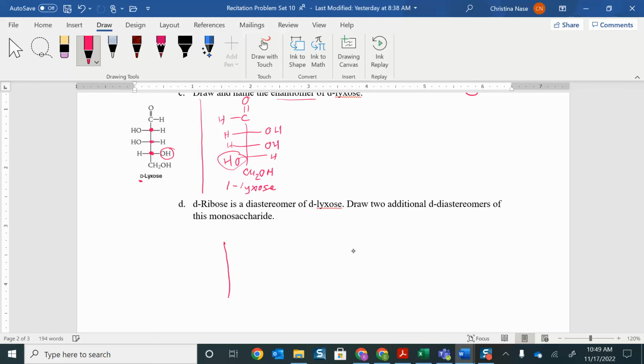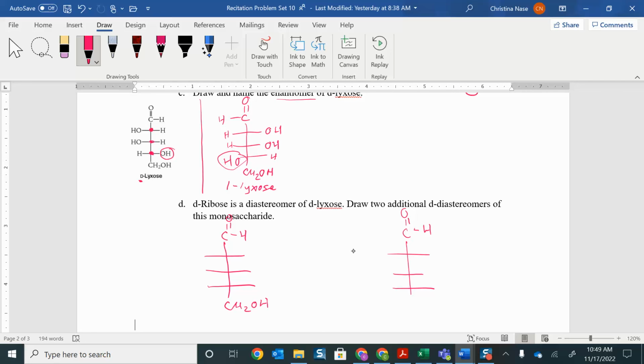All right, so I'm going to set this up like this, and I'm going to put my aldehyde on top. That's not going to change. The only thing that's really going to change here is where I'm putting these hydroxides. In lyxose I have it as left, left, right.